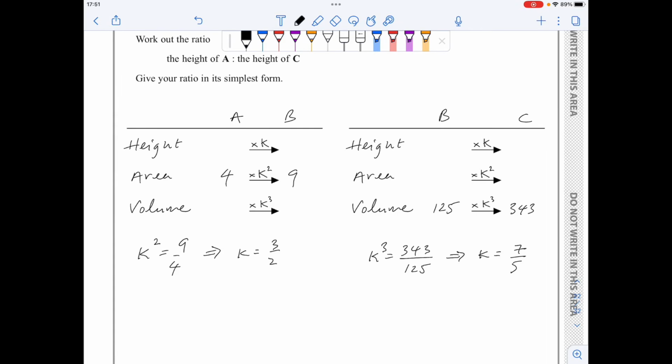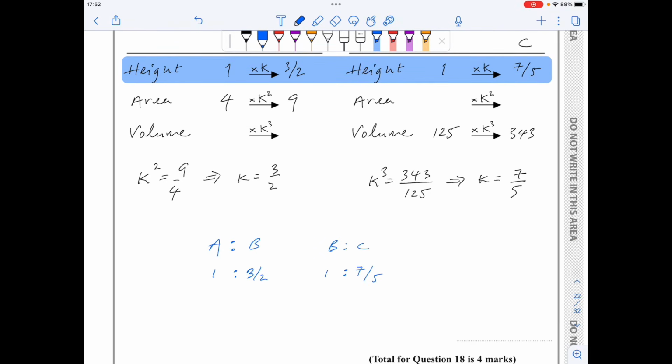So now I can find the ratio of the heights between A and B. This is 1 to 3 over 2. And the ratio of the heights between B and C is 1 to 7 over 5. So if I copy that first line, I will get the following.